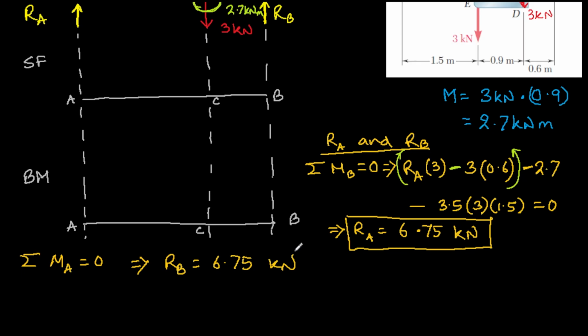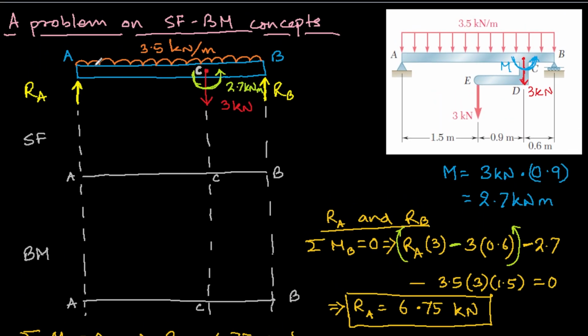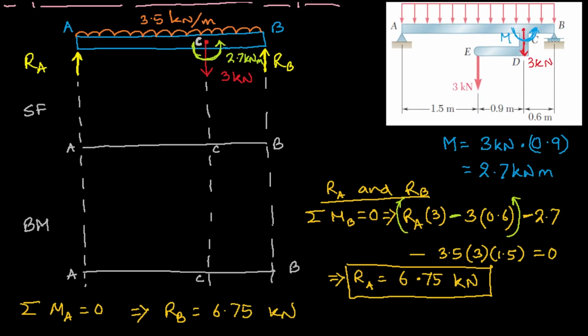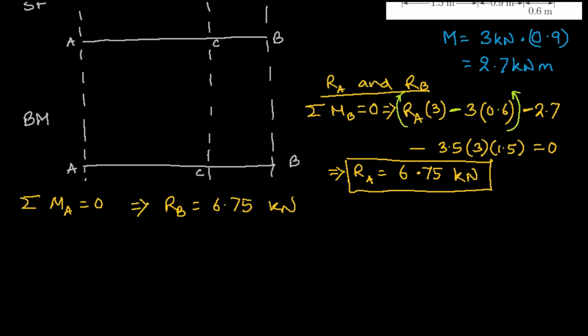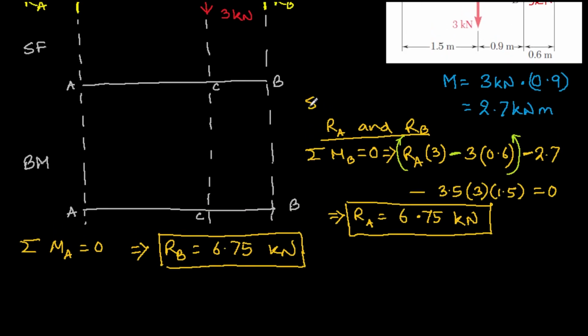That's quite obvious, because the loading is symmetric; earlier, this 3 kilonewton was acting exactly midway on the beam, so the reactions are exactly the same, 6.75 kilonewton on both supports. Okay, so one step is done, so I'll call this a step.